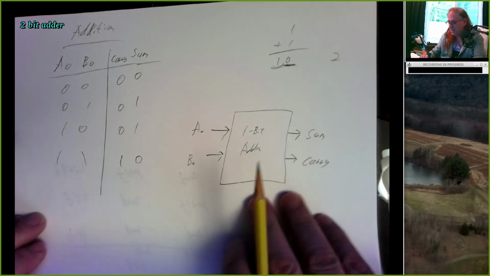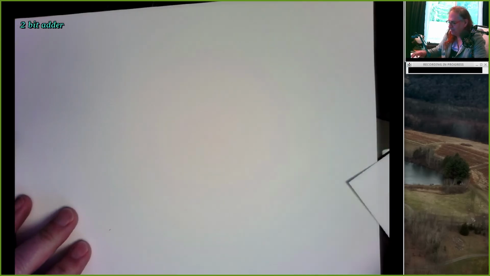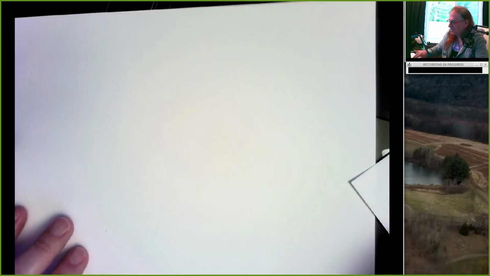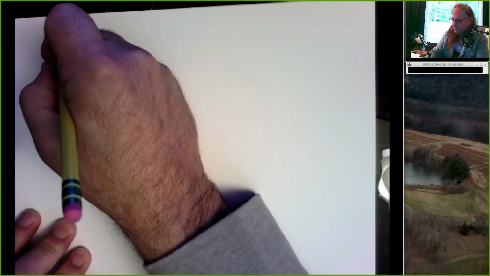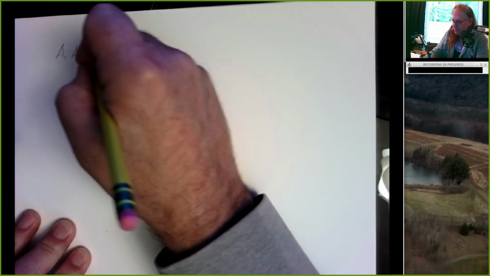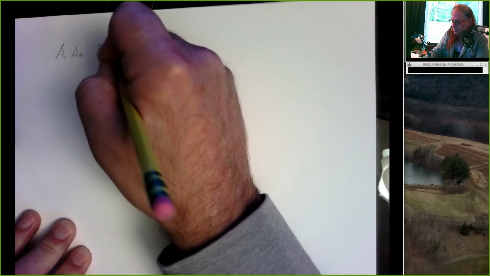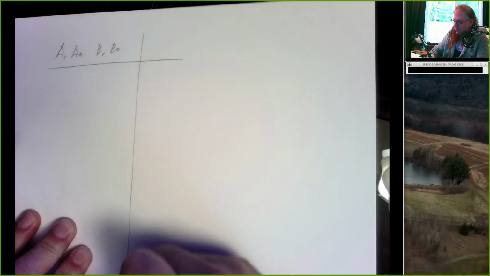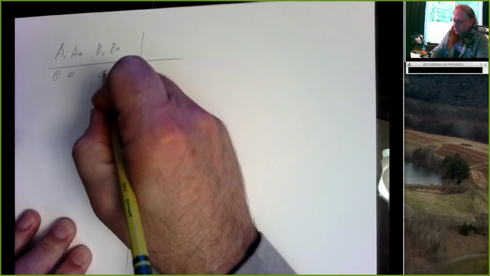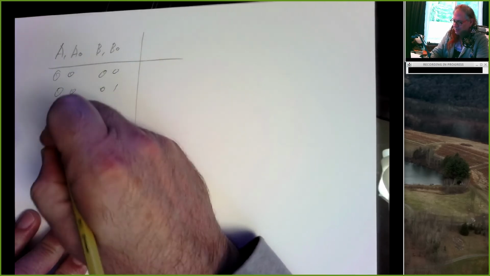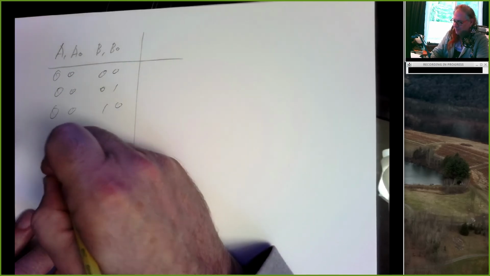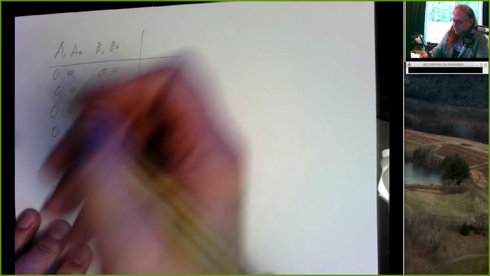Let's look at a 2-bit adder. And this part is super duper critical for getting points on the lab. So a 2-bit adder is going to take 2 2-bit numbers. But I'm going to think of this as just a plain old function of 4 inputs.